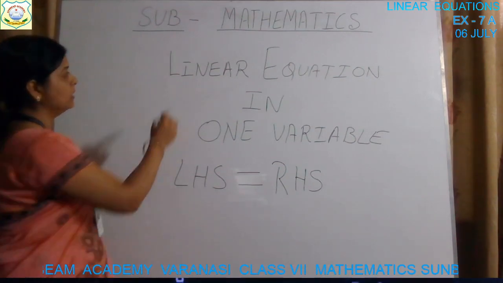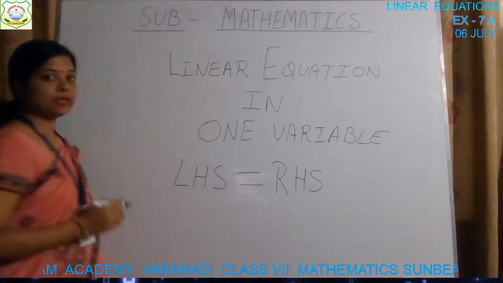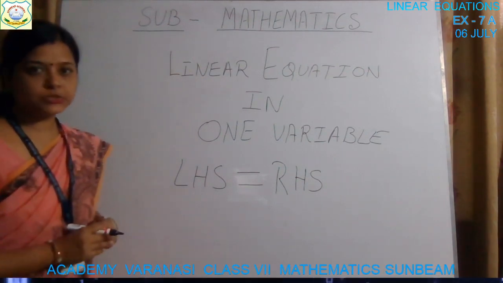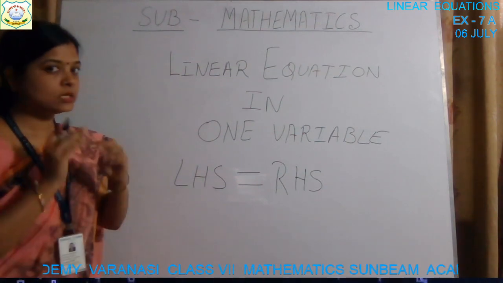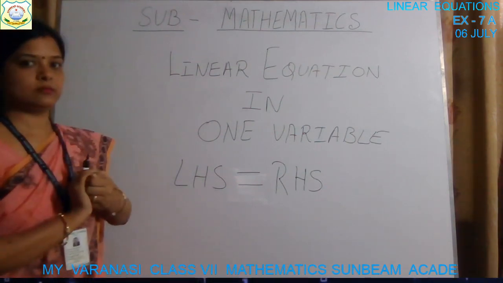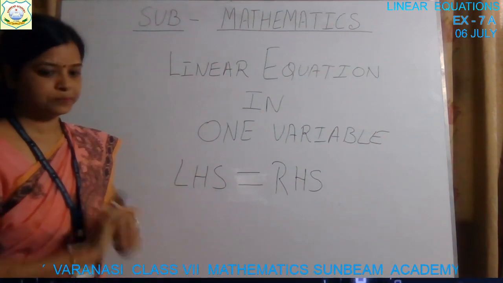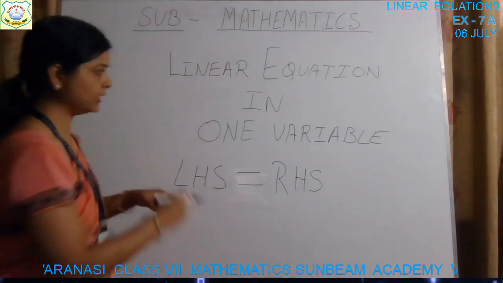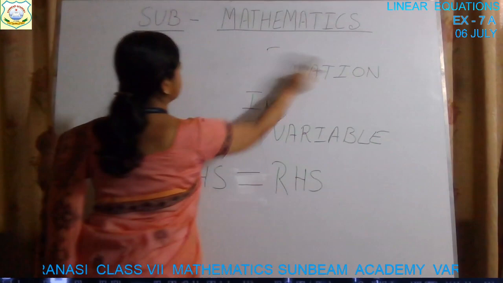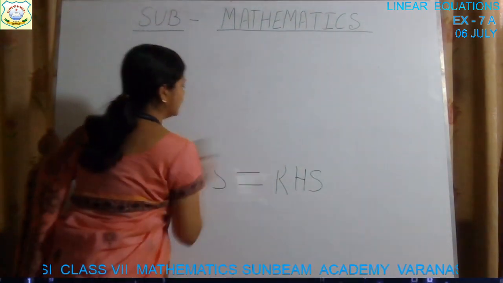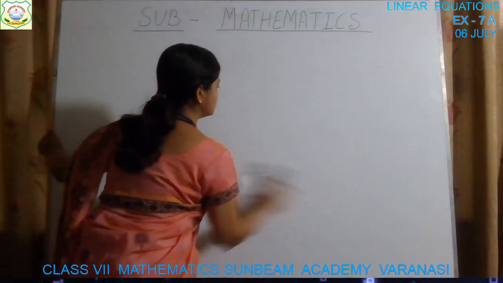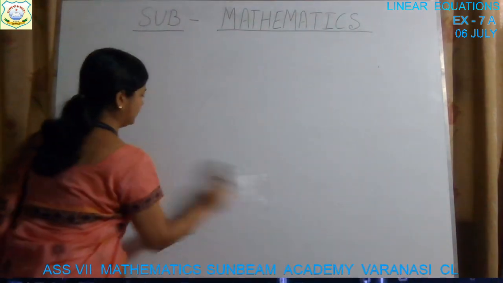Now, linear means the power of the variable is 1. And what is a variable, children? So first, learn about the terms. What are those terms? Let's see. I am going to rub this, okay? If we are using the equality sign, then those expressions will be converted into equations.